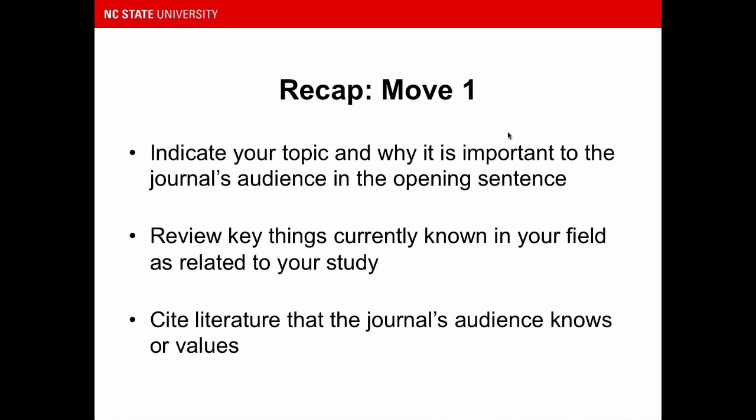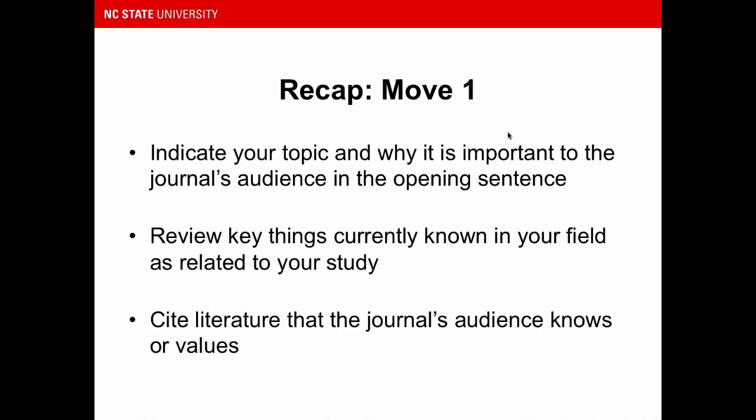So if they're, for example, trying to publish in Science, then they would surely do well to cite some science research articles in their introduction. Same goes for any type of journal that you're aiming for. This isn't just a political move, that's not quite the idea there.